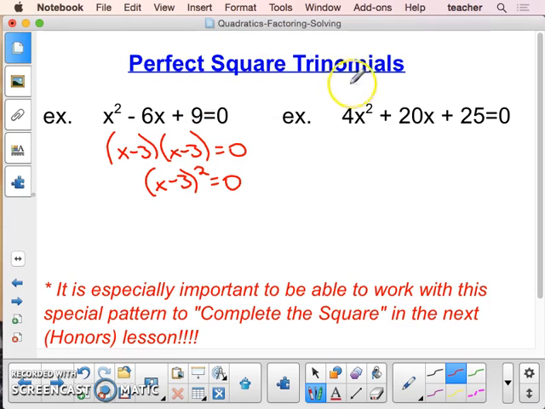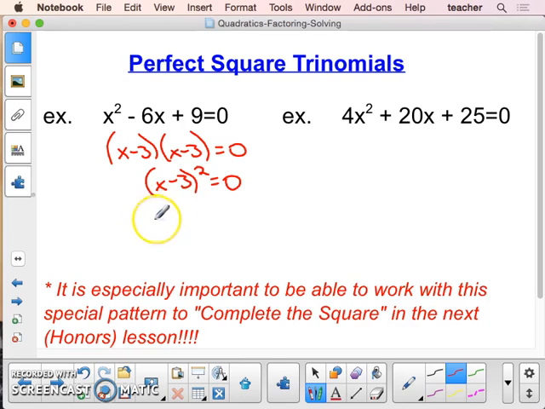And so perfect square trinomials can be written this way, and we find that this particular special pattern gets used very much, particularly in completing the square, which we do more with the honors class, but it's important for everyone to be able to use. Then when you solve this, it turns out that we get the same answer when we make our little mini equations.